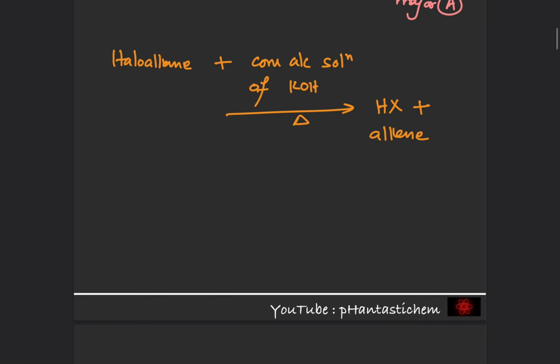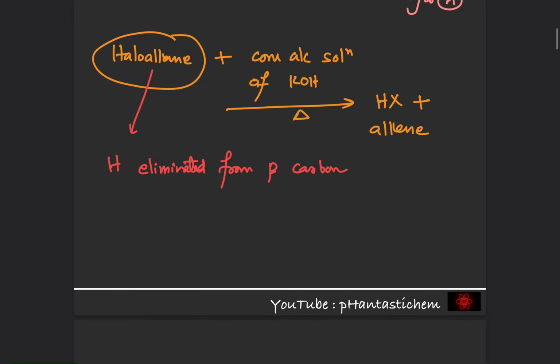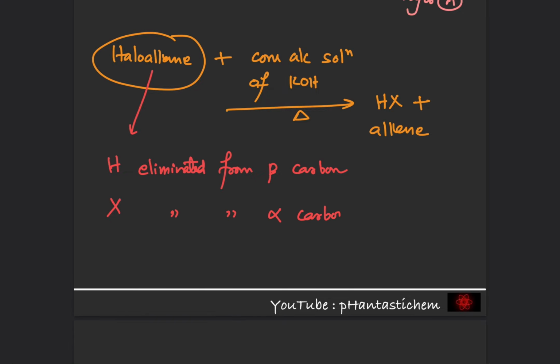Okay, and from this haloalkane, hydrogen is eliminated from a beta carbon, and halogen is eliminated from the alpha carbon.